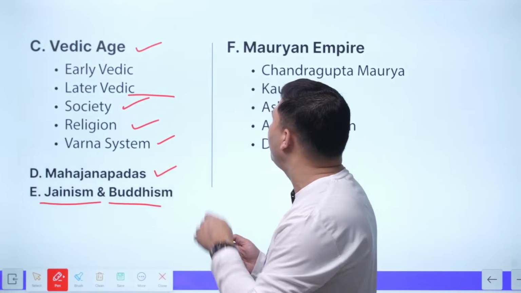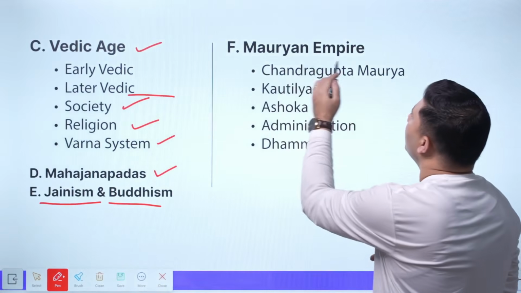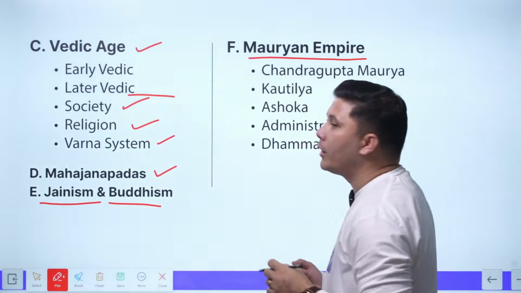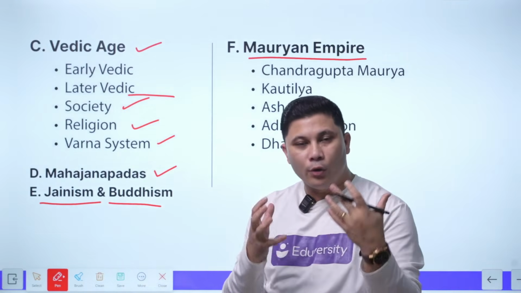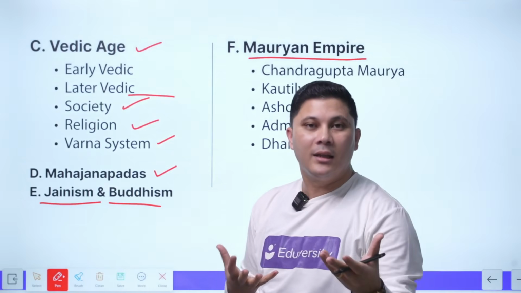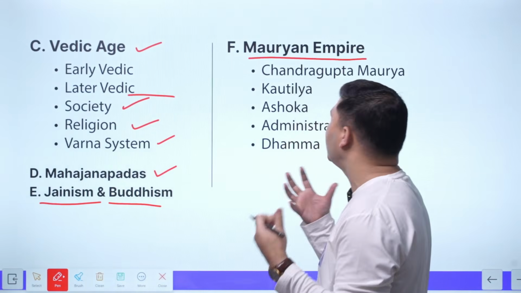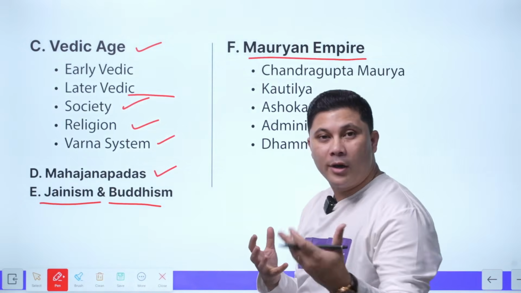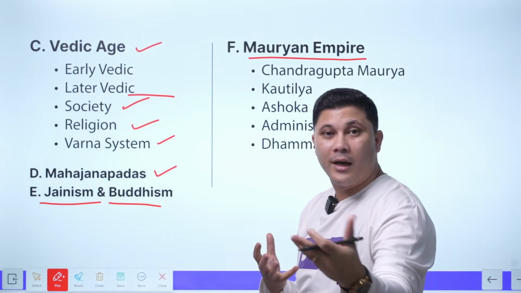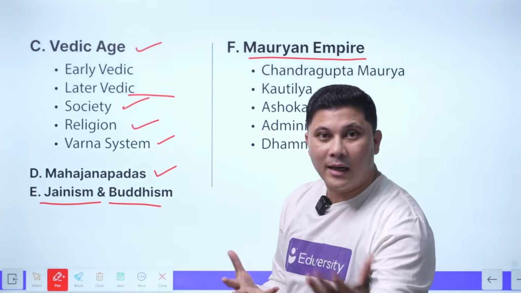Then apart from this, you also have to learn about the Mauryan Empire, the formation of the Mauryan Empire, how Kautilya, to take revenge on Dhanananda, established the Mauryan Empire with the help of Chandragupta Maurya, how he raised Chandragupta Maurya with the help of the Arthashastra, right?